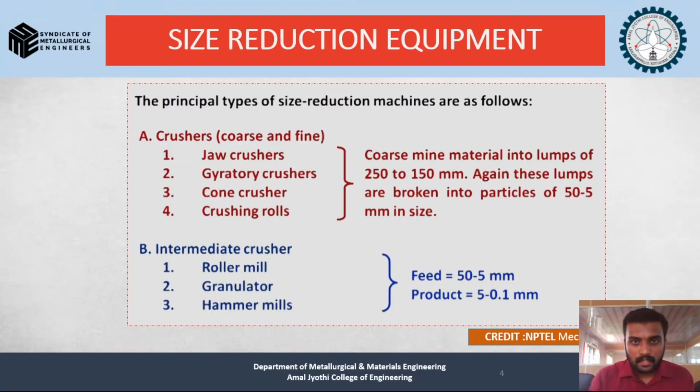We have size reduction equipment. The principal types of size reduction machines are as follows. With me, I have a scale of 30 centimeters, so I will show how the particle size compares for the crushers and rollers. Initially we have crushers and intermediate crushers. The crushers include jaw crushers, gyratory crushers, cone crushers, and crushing rolls. For these crushers, we will have a feed size of 250 mm.